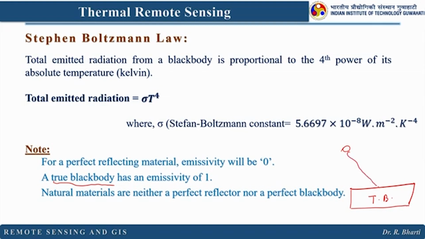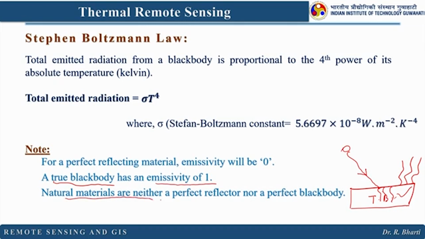It will absorb all the incoming radiation, so it will store that energy, and later on it has to re-emit it. Why? Because it has to maintain equilibrium with the surroundings. So whatever energy was received by this target was absorbed and later emitted. In that case, if we have a true black body, emissivity will be 1.